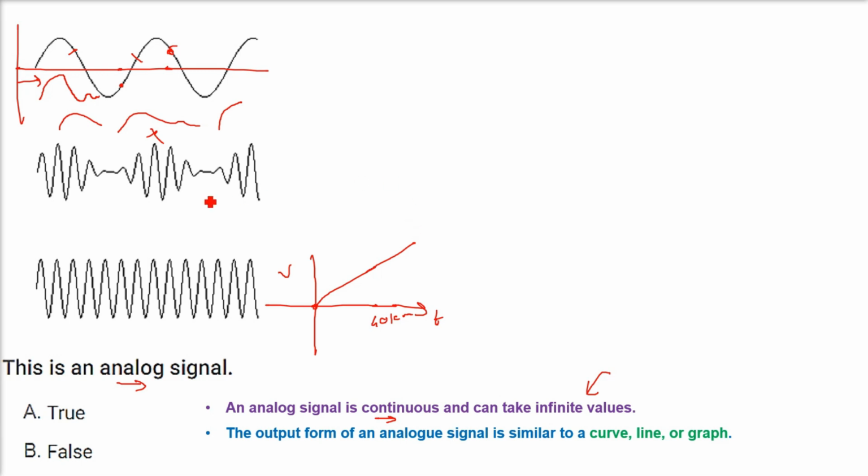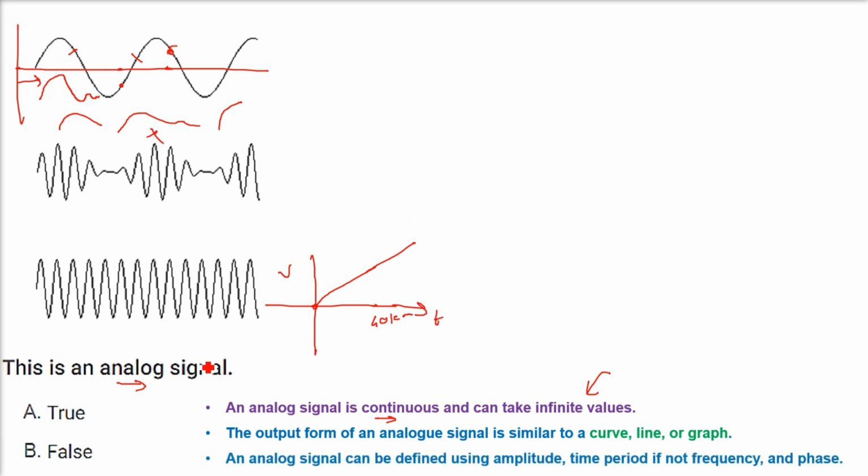So an analog signal can be defined by three things. There are various parameters, but the key features are amplitude, frequency and phase. The amplitude is the highest and lowest point. The frequency is how many waves you can see in 1 second, or how many crests and troughs you can see.